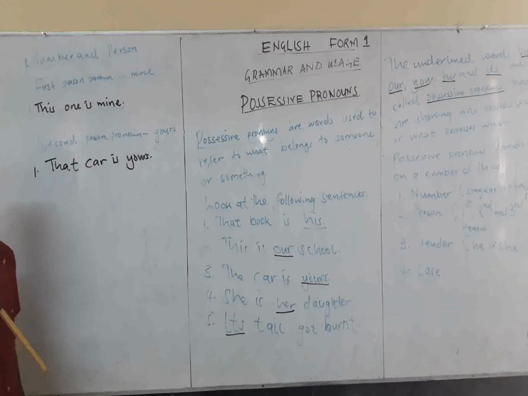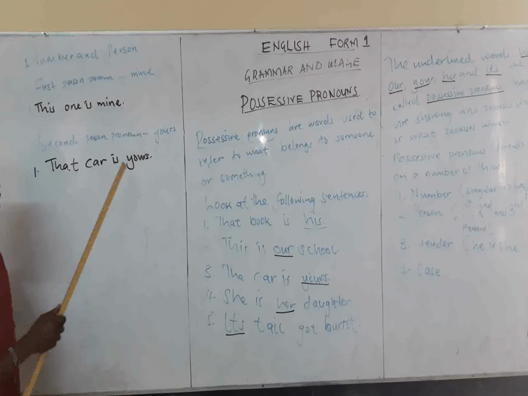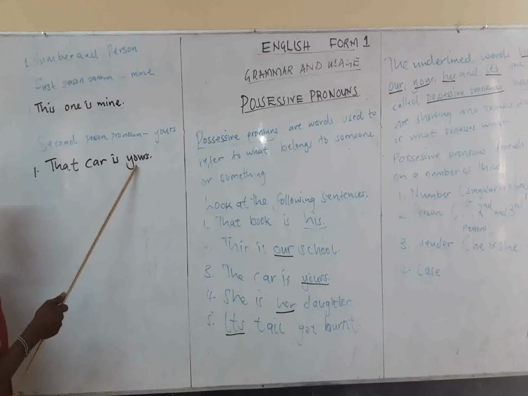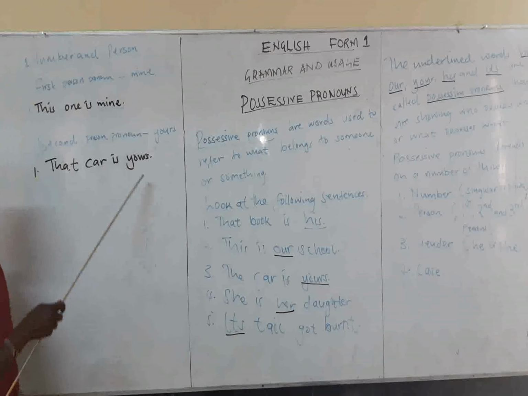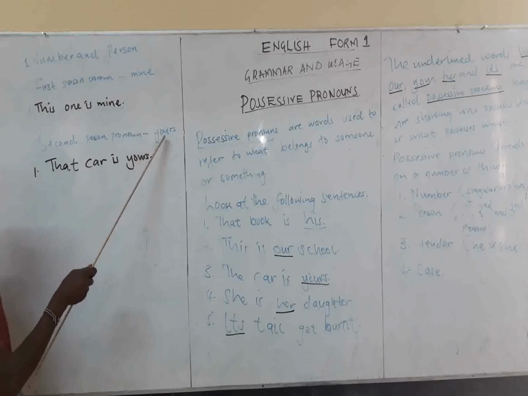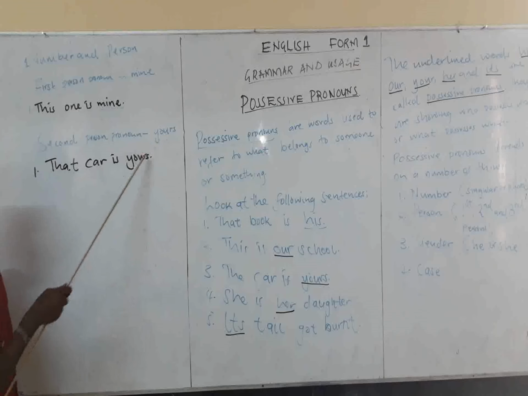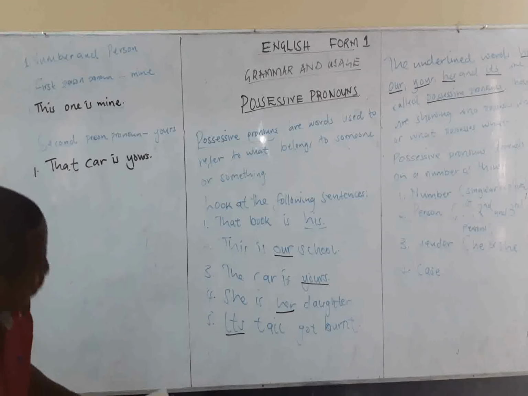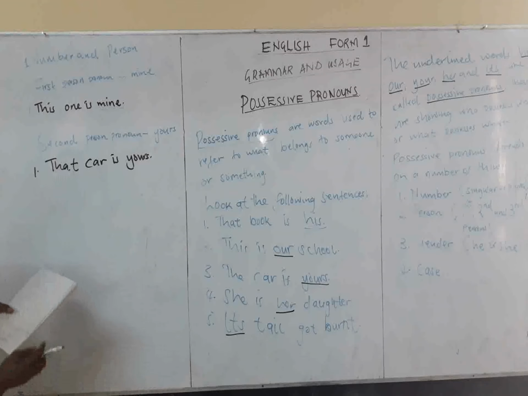I'm not talking about myself. I'm not talking about another person. I'm talking about you. Yours means it belongs to you. It is showing possession with the second person pronoun. So yours is simply telling us who owns that car.